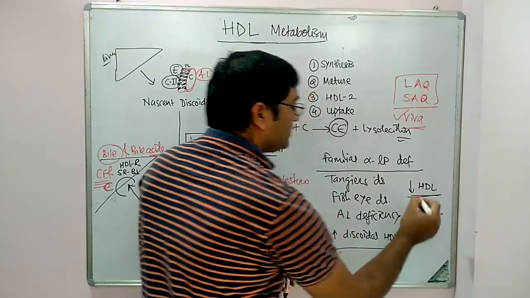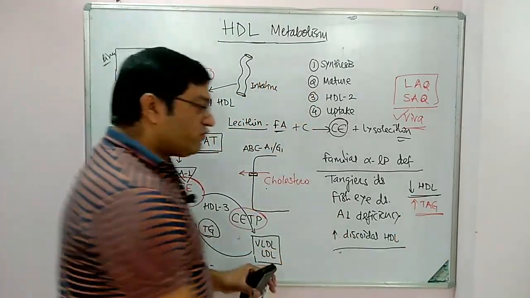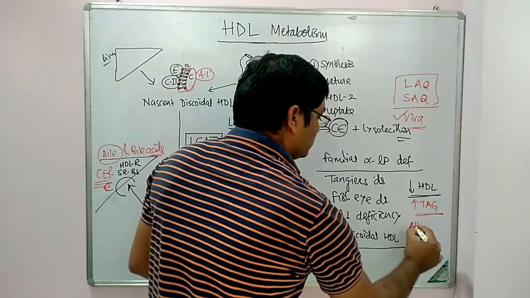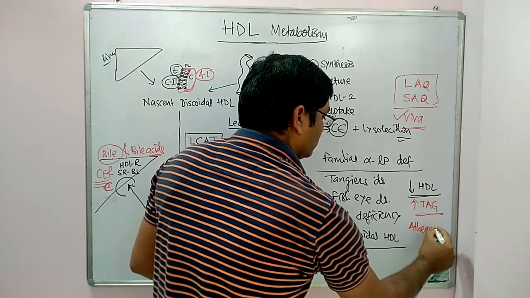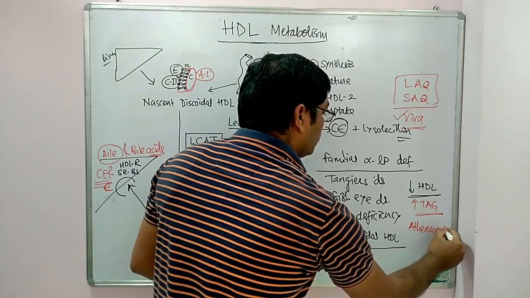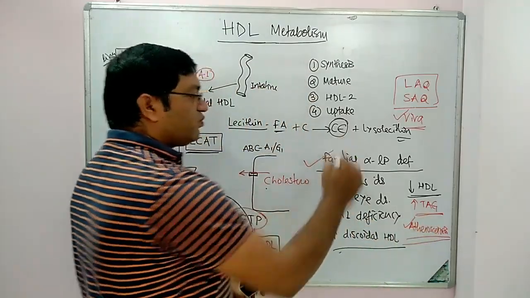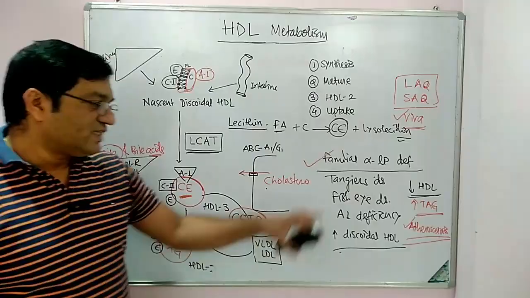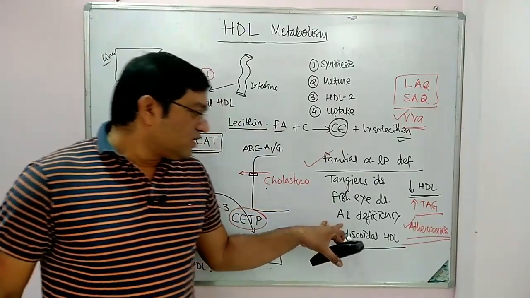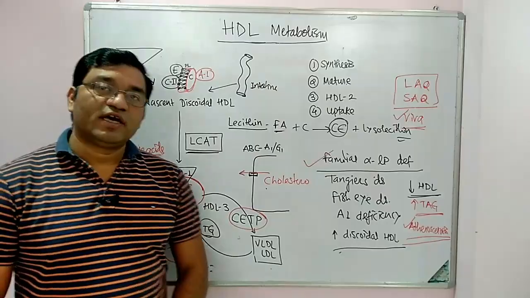So they are more prone to atherosclerosis. Familial alpha lipoprotein deficiency mainly includes Tangier's disease, fish eye disease, and apolipoprotein A1 deficiency.